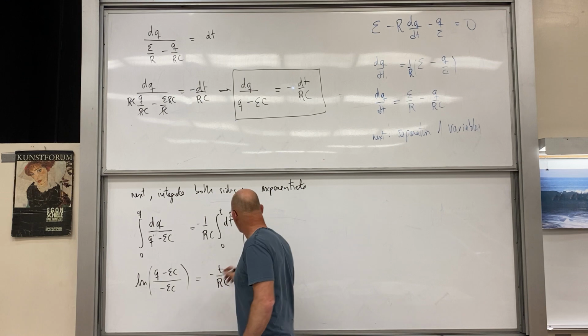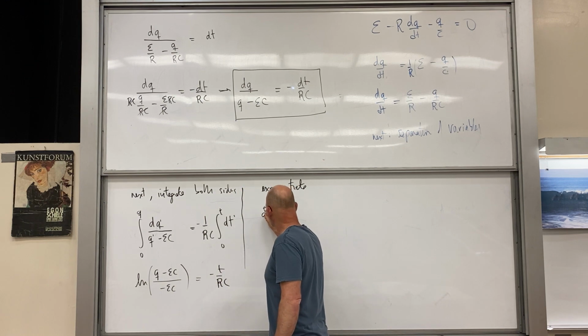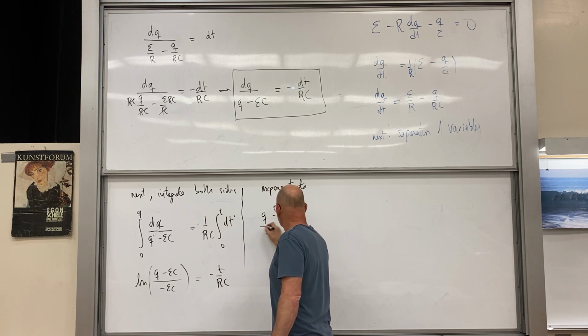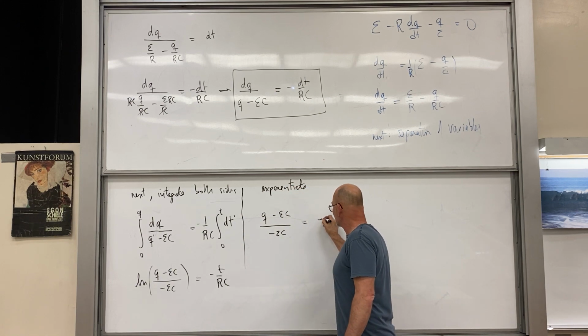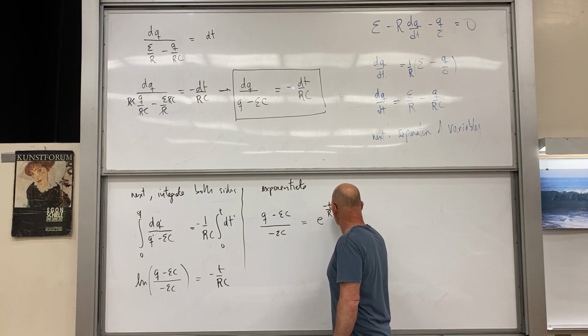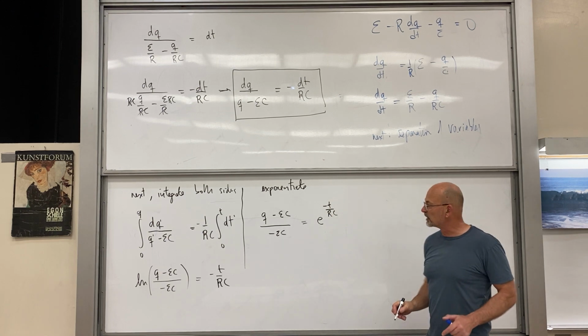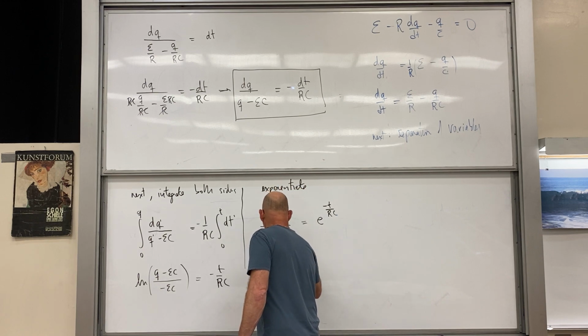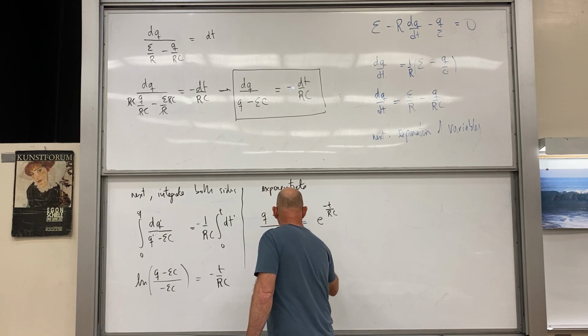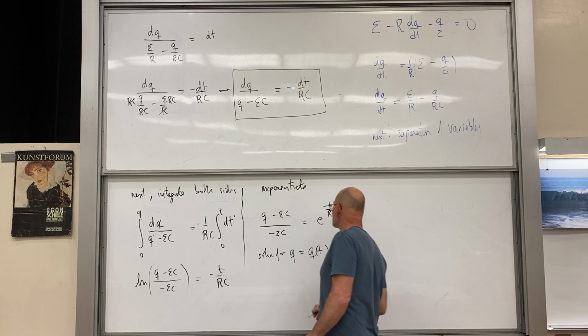E to the natural log gives us the argument, so we have q minus EC over negative EC equals e to the minus t divided by RC. And then we solve for q, which is now a function of time.